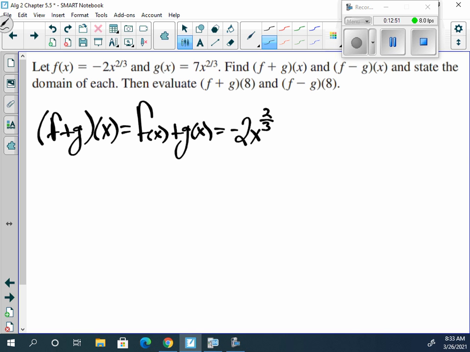Now, f of x is negative 2x to the 2/3, plus g of x is 7x to the 2/3. Yes, and this would be 5x to the 2/3. Since both of the variables are the same, x to the 2/3 and x to the 2/3, we can add the coefficients, the numbers in front, and get this here.